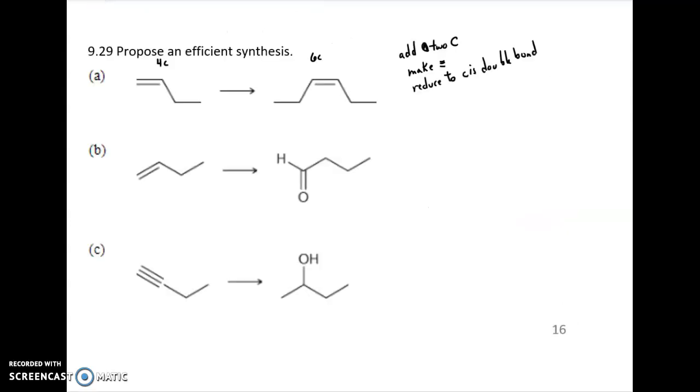So if we look at B here, it's an aldehyde. And we know we make aldehydes by using the hydroboration oxidation of a terminal alkene.